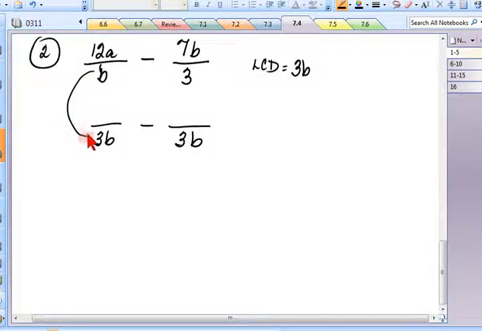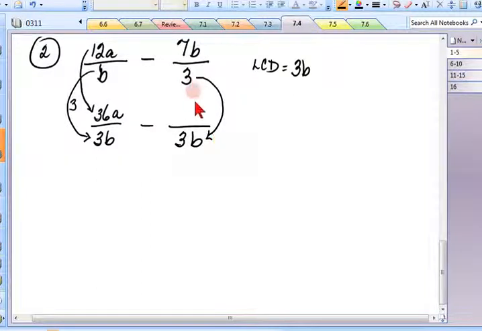I compare old to new. What was b multiplied by to turn it into 3b? 3. So multiply the top by 3. What is 12a times 3? 36a. The second fraction.